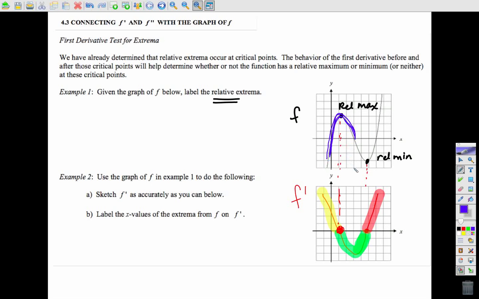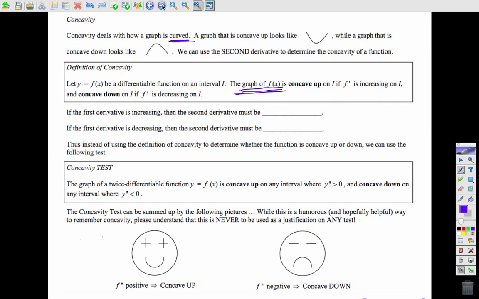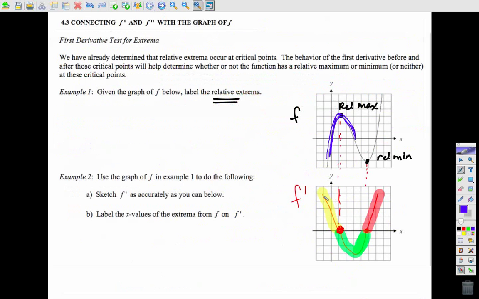When we have a concave down graph, that means the derivative is decreasing. Clearly the derivative, through these parts that I just drew in blue, is in fact decreasing. And when the derivative is increasing, this part right here, at that point you have a concave up graph.